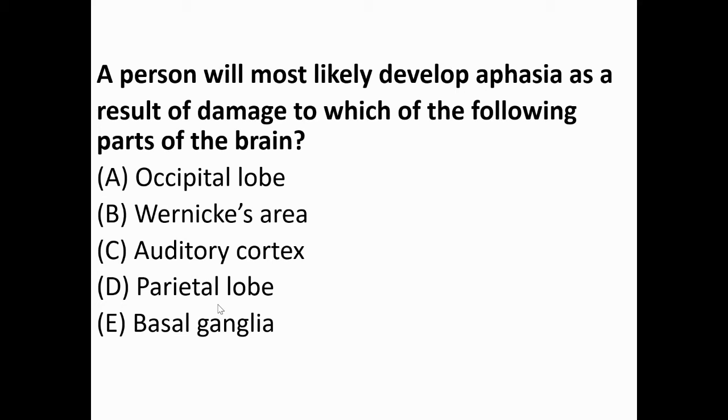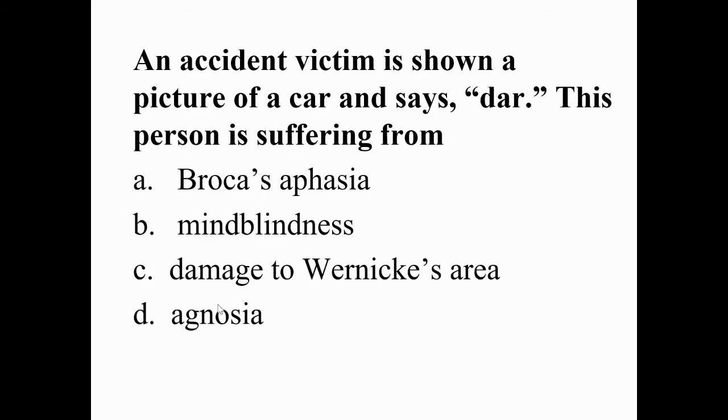Okay, so you have Broca's aphasia, but you also have Wernicke's aphasia. An accident victim is shown a picture of a car and says, "Die." This person is suffering from what? Broca's aphasia. Can't speak very well. My grandma had that after a stroke.